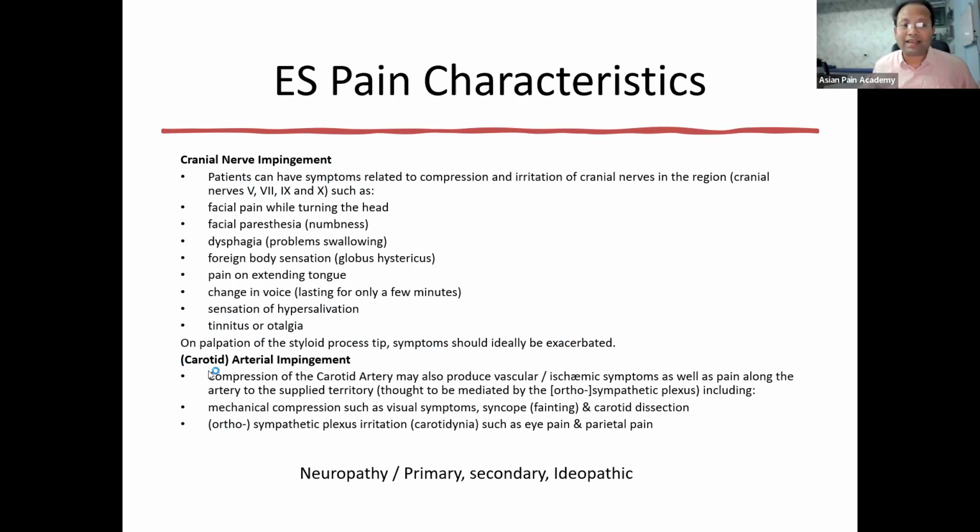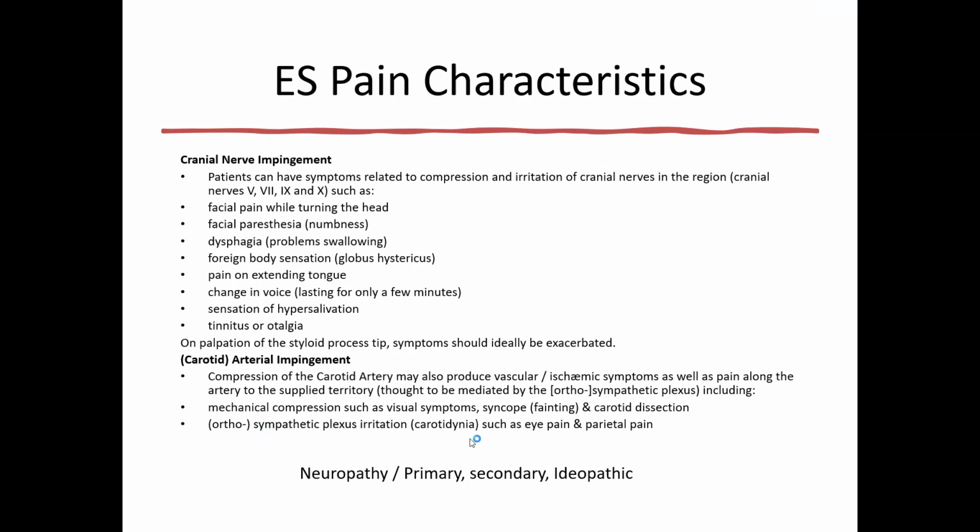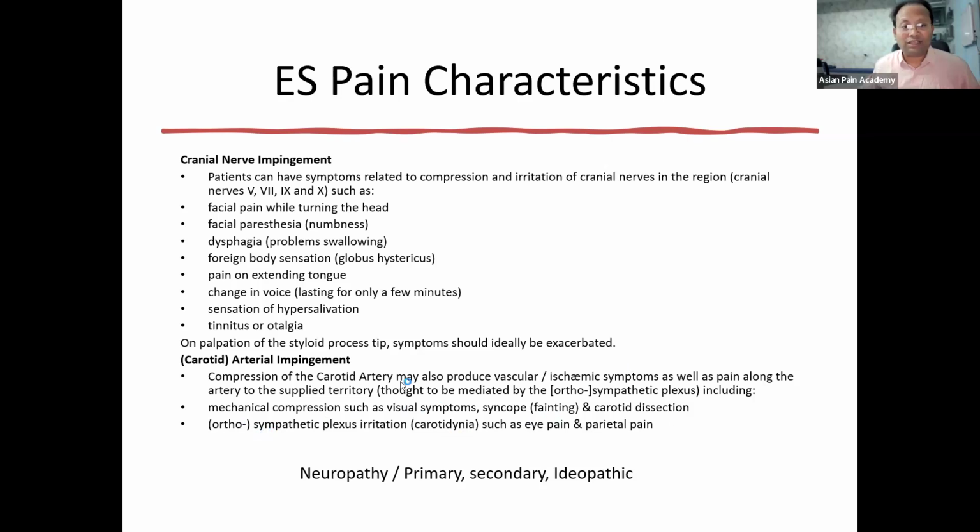Okay, and if it is a carotid impingement, which is very rare, of course, then patient can have ischemic attack. Okay, so mechanical compression such as visual symptoms, syncope, fainting, or carotid dissection. So these things can occur. Or carotidynia. So main thing is when you are suspecting that, or clinically you are thinking that, okay, this is a case of glossopharyngeal neuralgia, then always think about Eagle syndrome also.